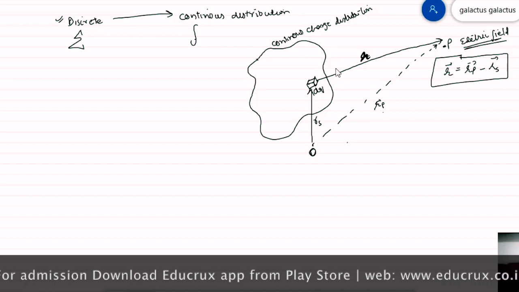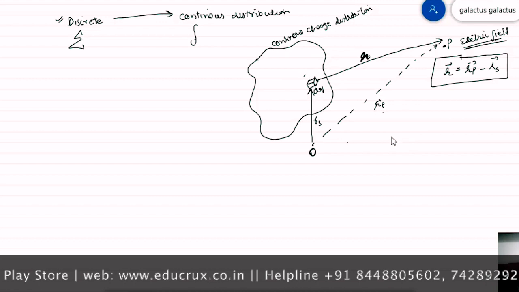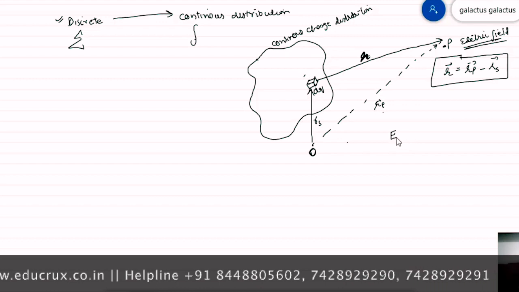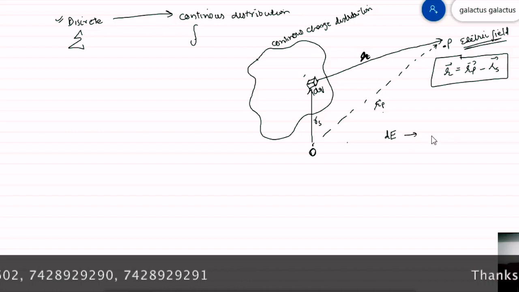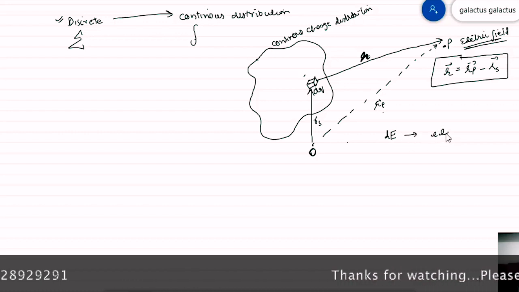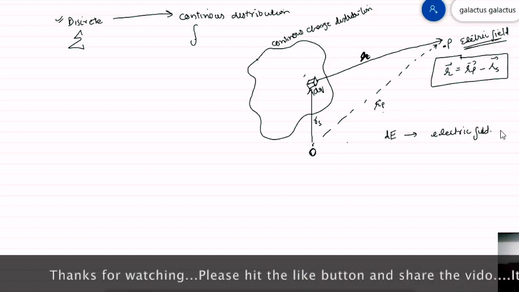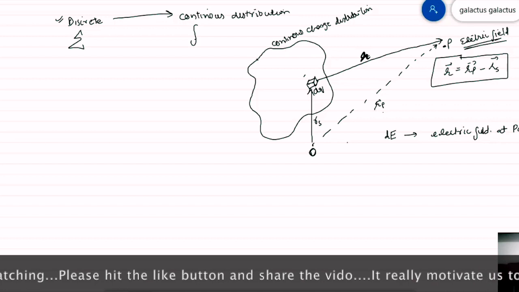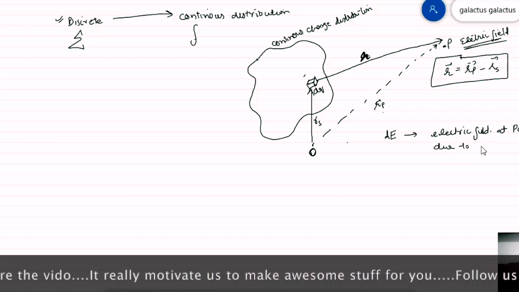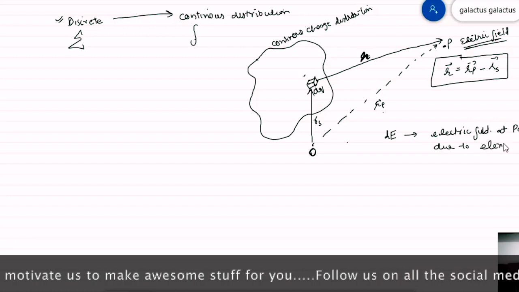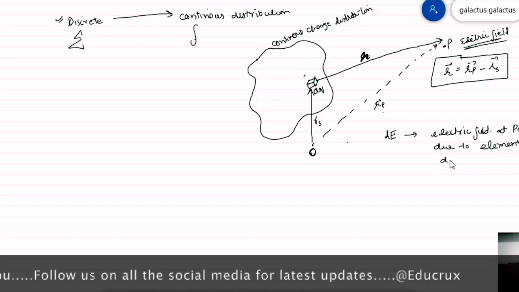If I want to calculate the field at point P due to this small charge element, my formula will be dE, which is the electric field at point P due to element charge dq.